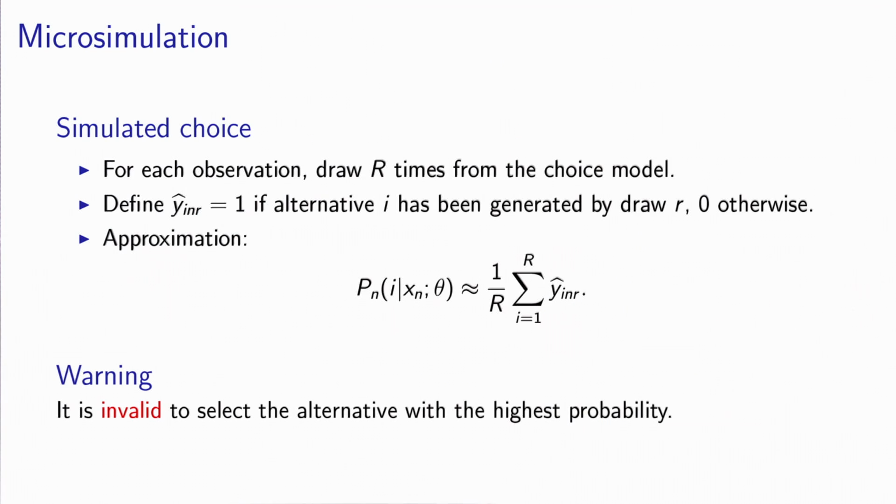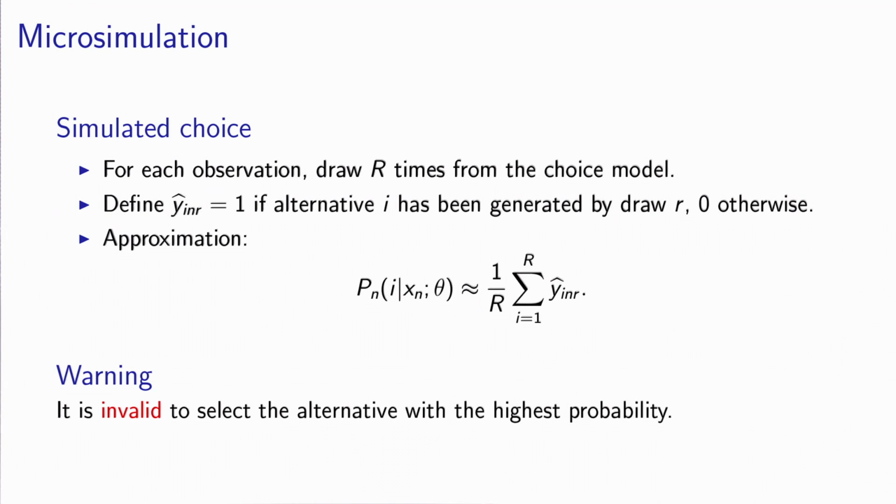So for each individual, for each observed value of the explanatory variables, we will generate R times a choice. We will draw, and by draw we mean throwing the roulette wheel as we saw in the previous slide, R times from the choice model. For each draw r, we call ŷ_inr the indicator that says whether individual n selected alternative i during draw r or not.